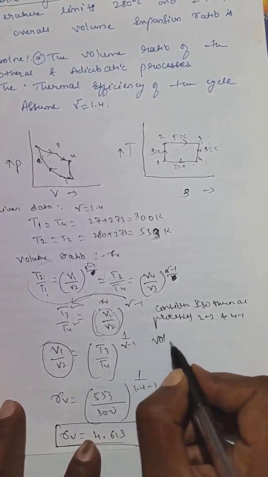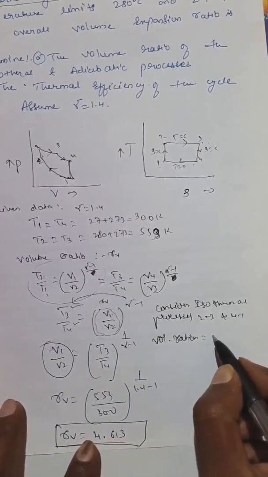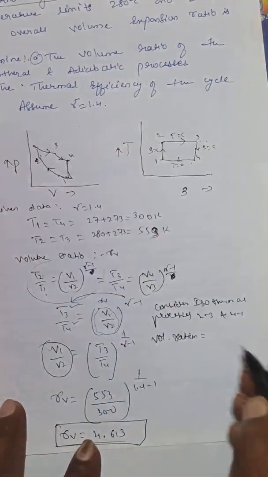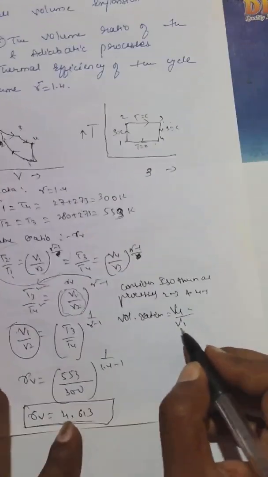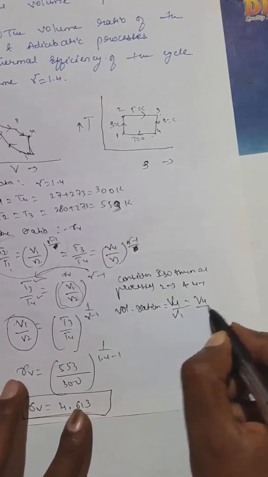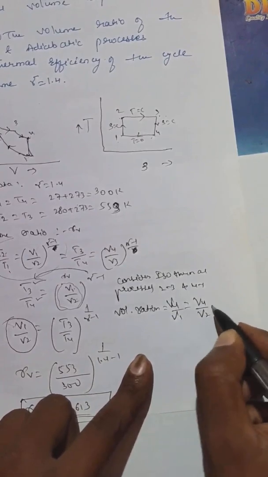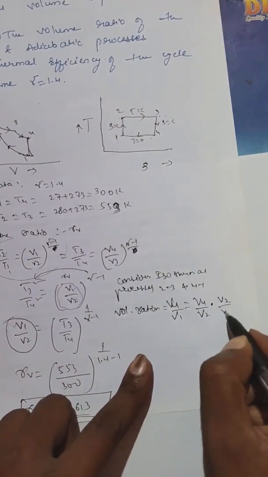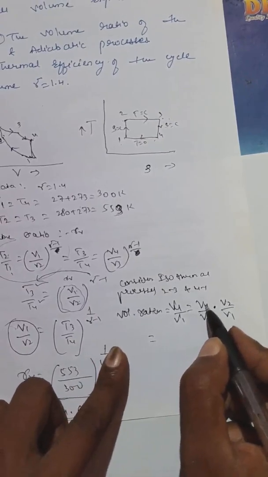So the volume ratio is equal to V4 by V1. We can take V4 by V1 and multiply and divide by V2, that is V4 by V2 times V2 by V1.